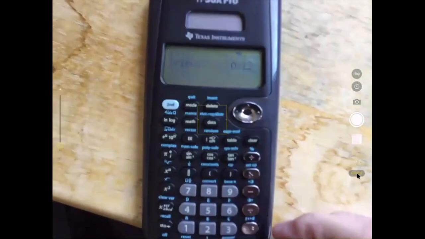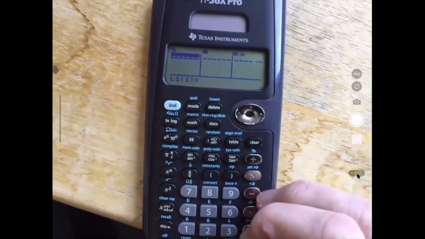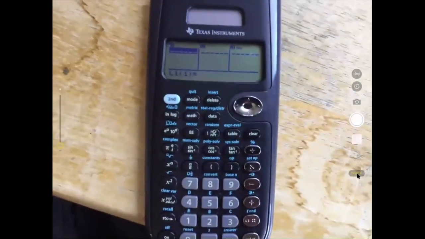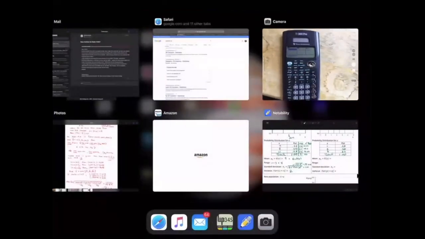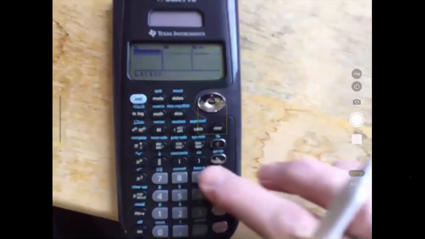Okay, so I'm going to do another memory clear and data and start typing. What did the values go from? 8 to 14, got it. So I'll just start typing the first column.